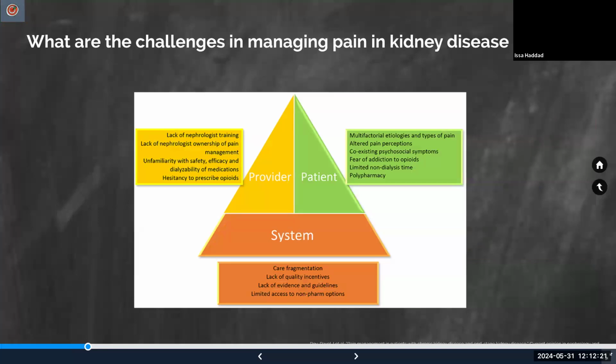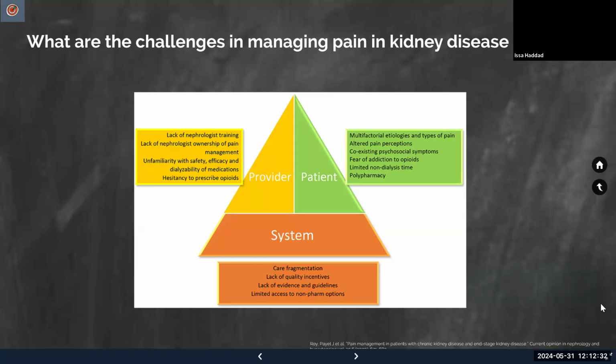So challenges. One of the reasons why I wanted to talk about this topic is because of the challenges, and specifically for providers. This paper talked about what challenges we can face regarding treatment of pain adequately in kidney disease patients. As you can see, there are different aspects. One of them is nephrology providers: lack of nephrologist training in pain management, the lack of nephrologist ownership.